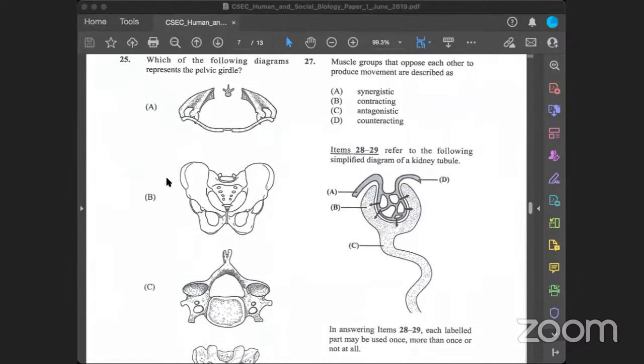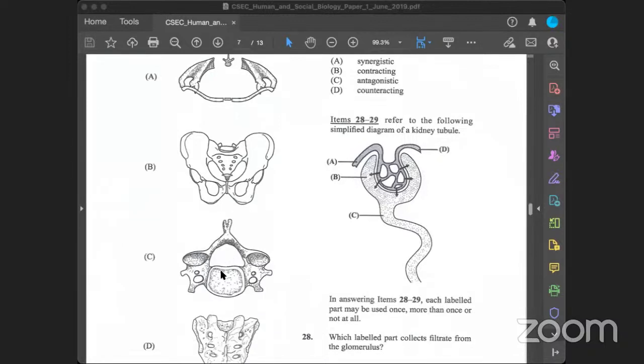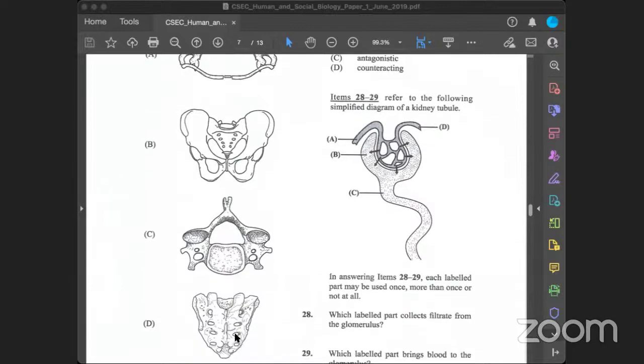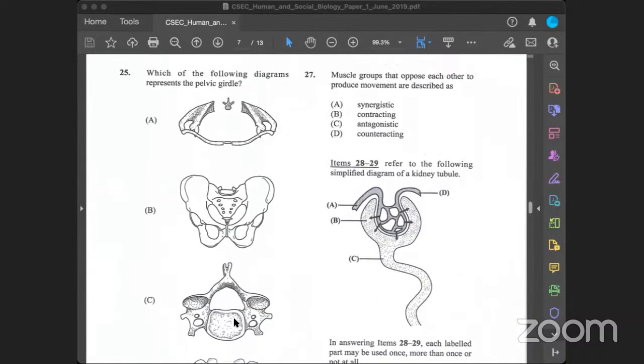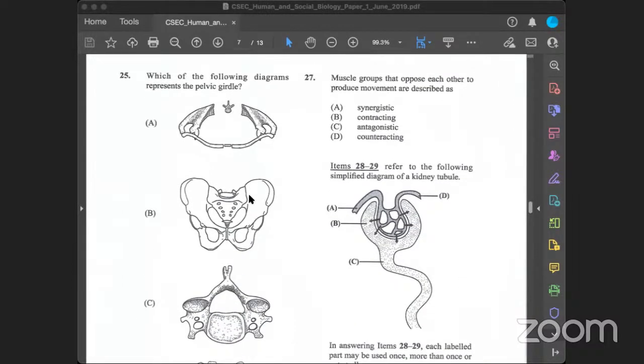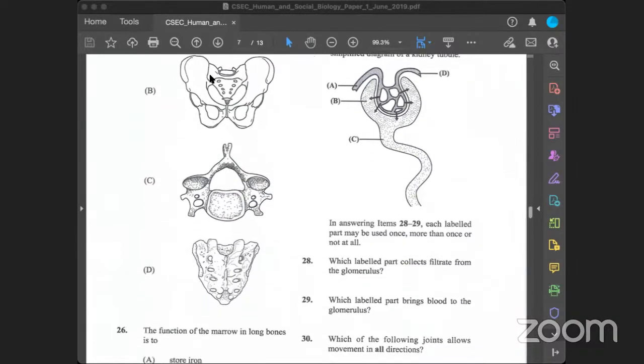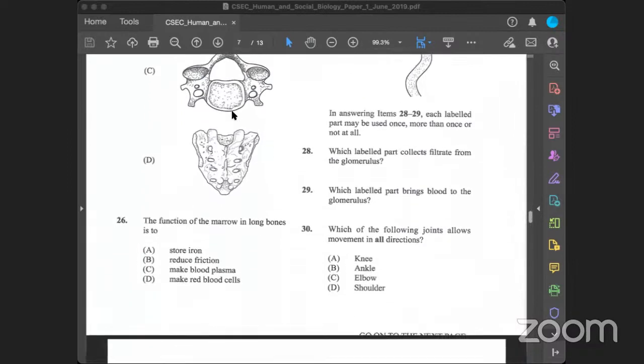This looks like C1, which is like your cervical spine. This here is your sacrum and coccyx, the ones that fused together. And this looks like your shoulder blade into your clavicle area there. So this is your pelvic girdle here, B, right?